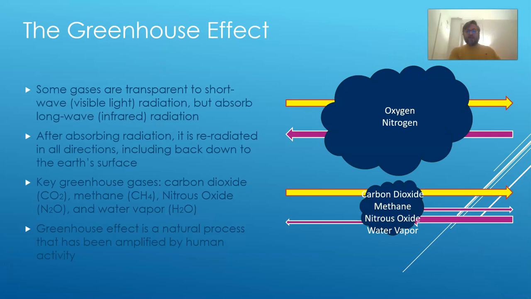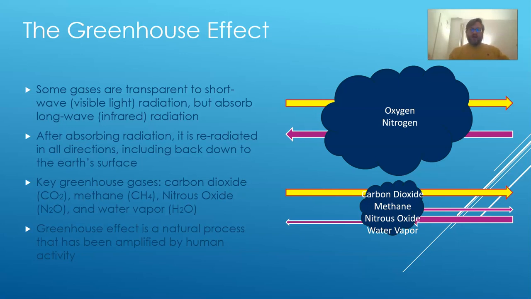So when we look at the gases that make up our atmosphere, if you remember our little pie chart of what gases we have in the atmosphere, the two biggest ones that we have are oxygen and nitrogen. And these two gases are transparent to all forms of radiation.